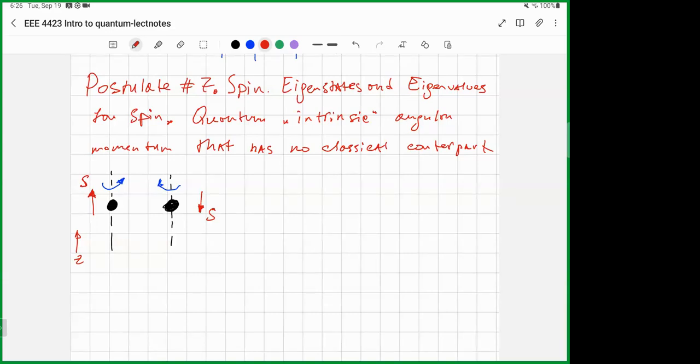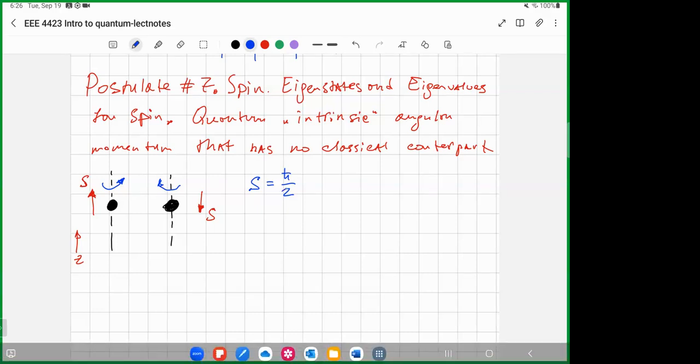Okay, so the value of spin. For now, we will talk about spin 1/2 only. And the experiment says that, for example, particles like electrons have the value of spin equal to h bar over 2. So this is the simplest and the most important case, a particle like an electron with the spin equal to h bar over 2.